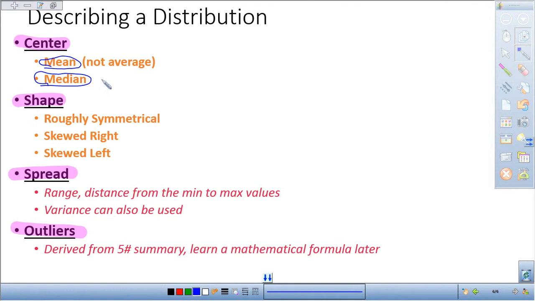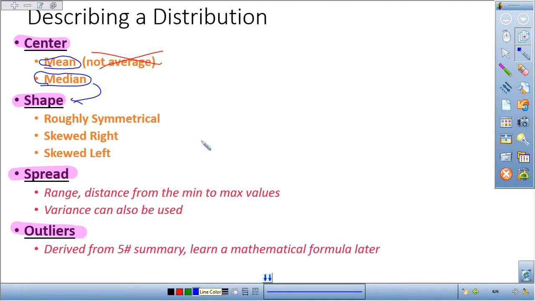These are usually determined based on the shape. And we'll get into that in more detail, but the most important thing I can bring up now, don't use this word average anymore. The word average is really what people not in statistics class use.